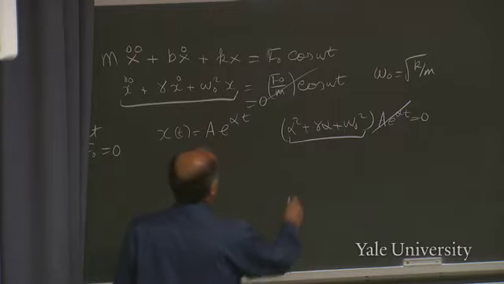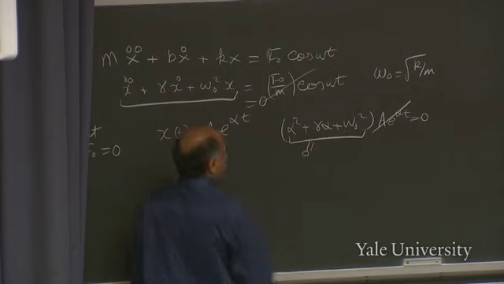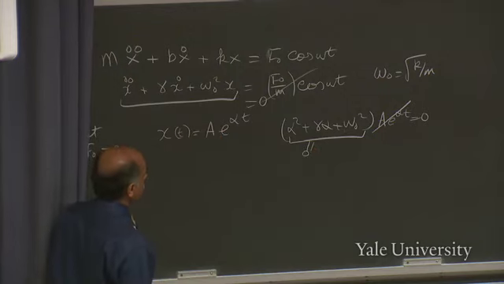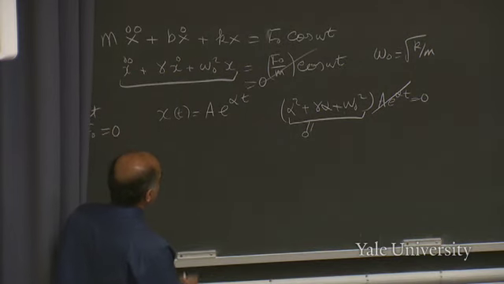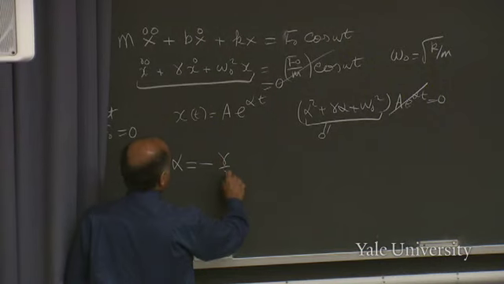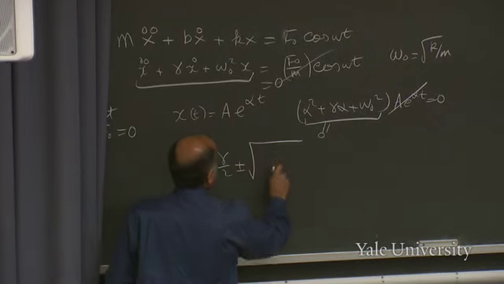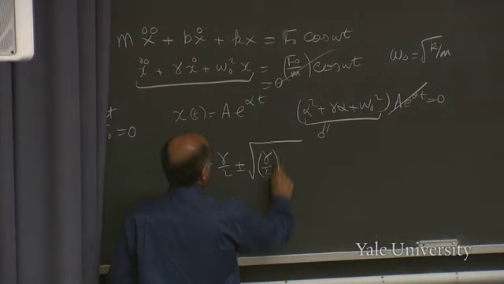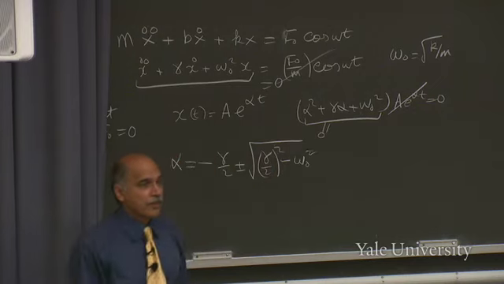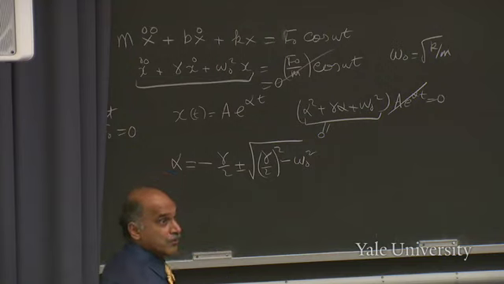So if that's 0, you all recognize this to be a quadratic equation. You go back to your days in the sandbox when you all knew what the answer to this is. The answer to this is minus gamma over 2 plus or minus the square root of gamma over 2 square minus omega naught square. These are the roots.